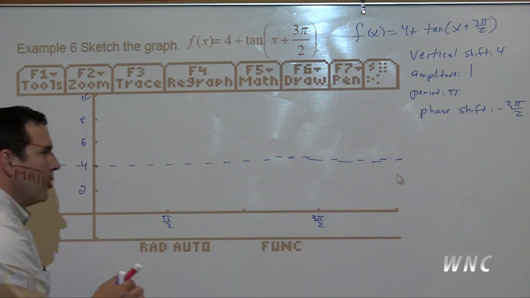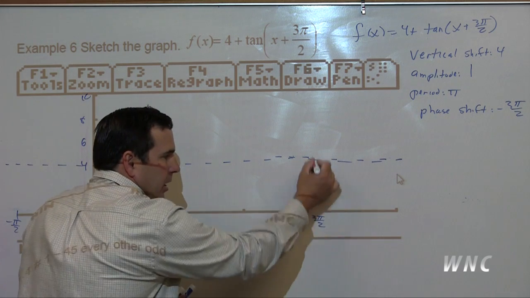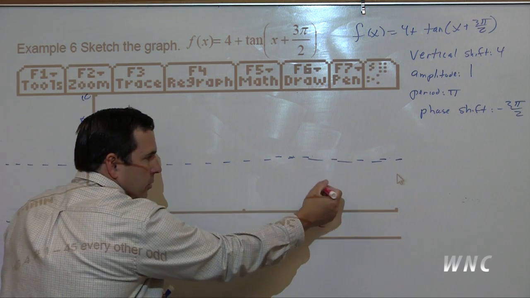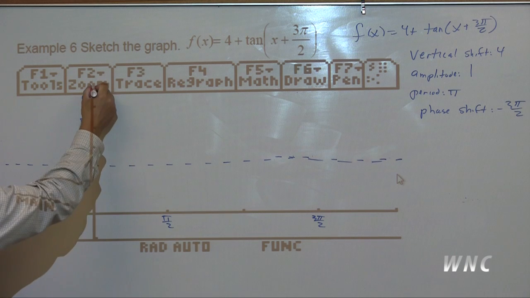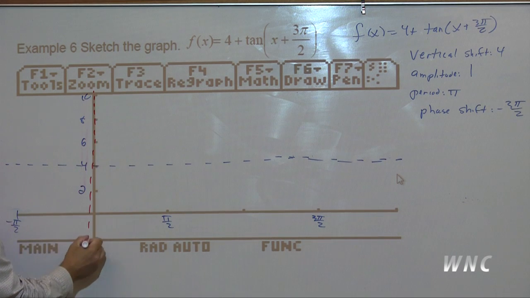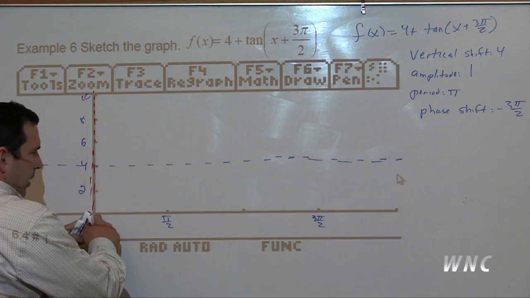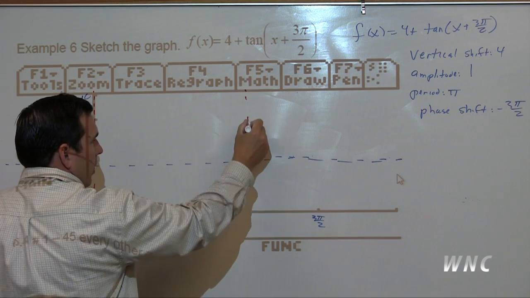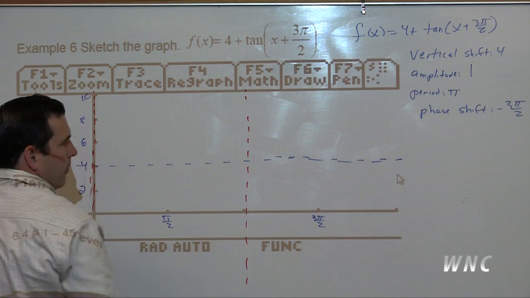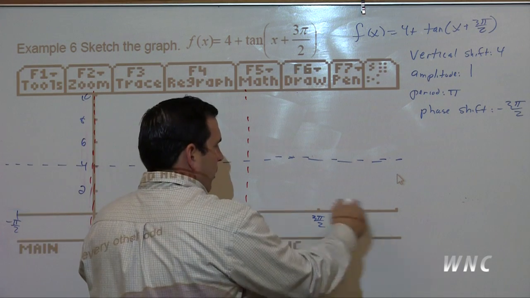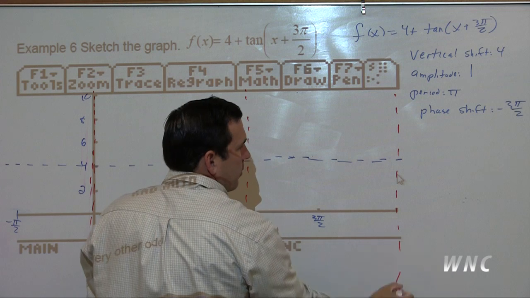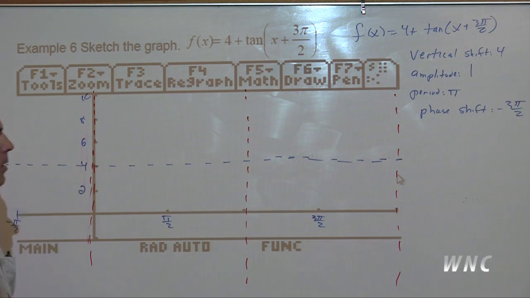So when there would have been a vertical asymptote at 3 pi over 2, it's over here now at 0. And we would have had an asymptote then pi units later, so now there's going to be one here at pi. And we would have had an asymptote pi units later. We still do. I did those in green before.